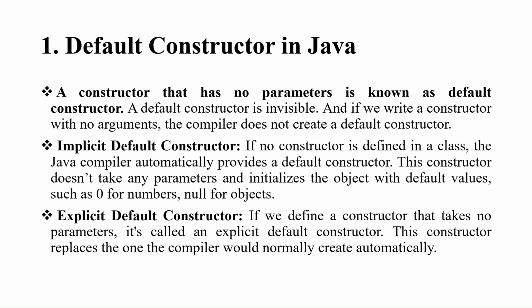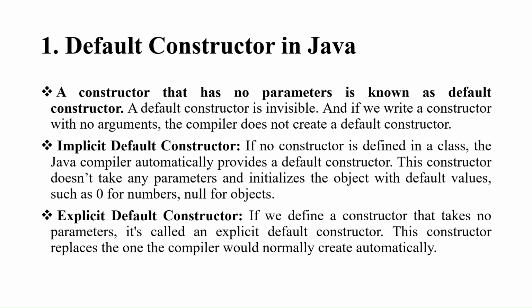A default constructor is invisible. Even if we are not providing a default constructor, our compiler will have a default constructor. In default constructors, there are two categories: implicit default constructor and explicit default constructor. So what is an implicit default constructor?